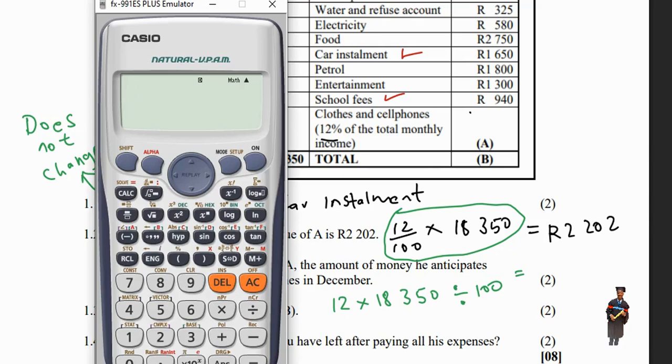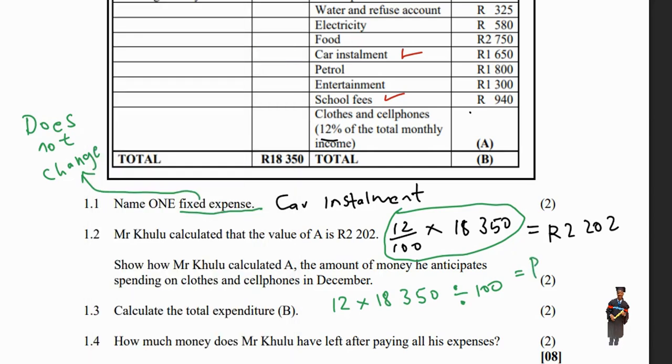They say 12 multiplied by the money that they want to calculate the percentage of, and then they divide by 100. As you can see, we are also getting 2,202. All right, so this is also correct, ladies and gentlemen. It is actually one and the same thing. Depending on how you write it, it's mathematically one and the same thing.